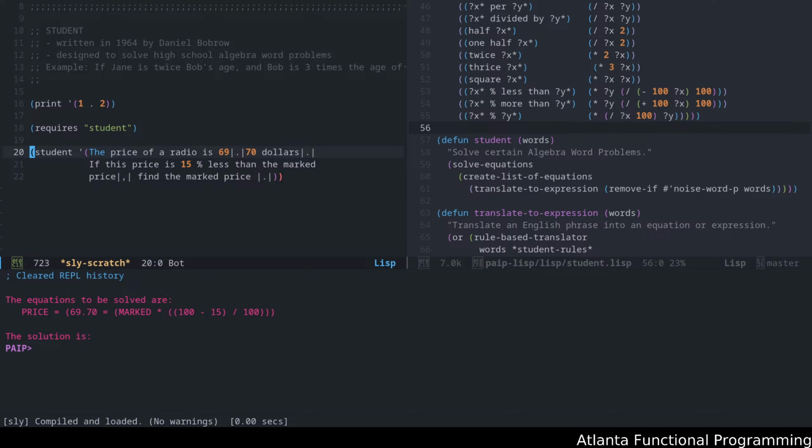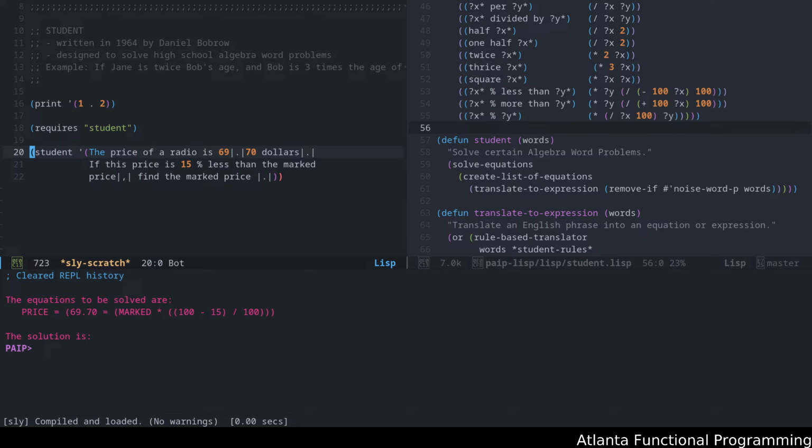So it computed the fact that 15% less than the marked price means that the price is 85% of the marked price, correctly, because it did 100 minus 15, divided by 100, times marked. But it hasn't determined the actual solution.